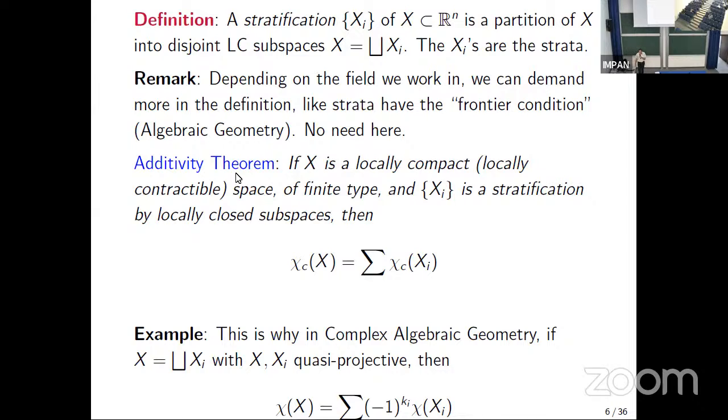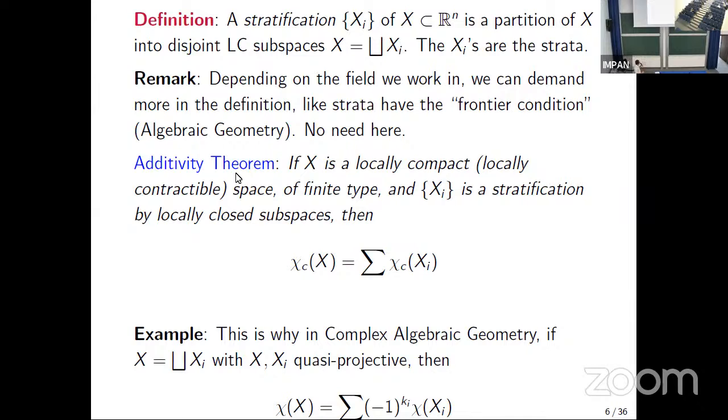And the additivity theorem for Euler characteristic with compact supports is the one I have on the board. It tells you that if the space you start with is locally compact, and is itself stratified, decomposed into a disjoint union of X_i's, all the X_i's locally compact, then the Euler characteristic with compact support is additive.